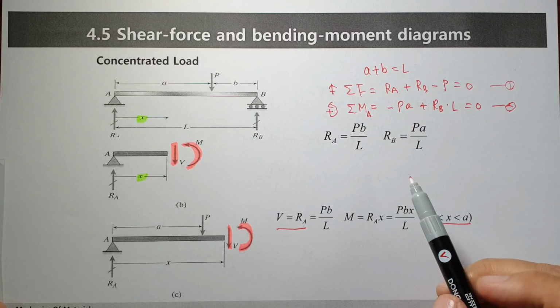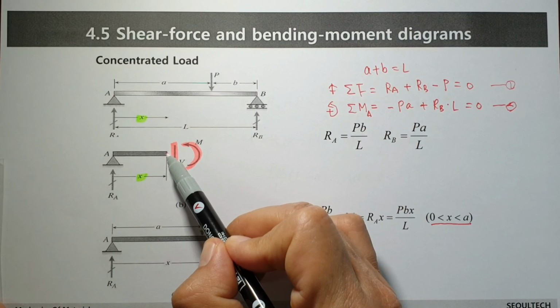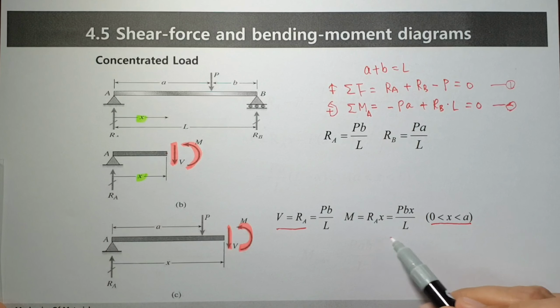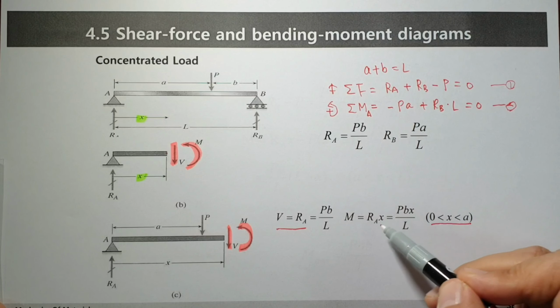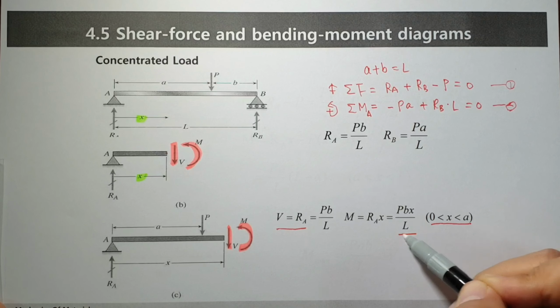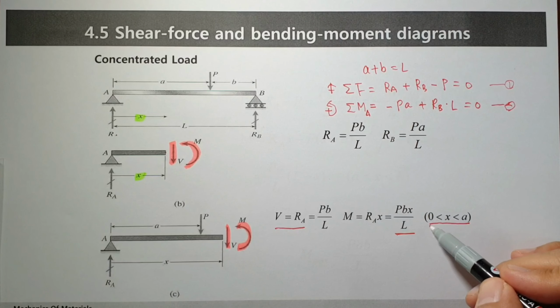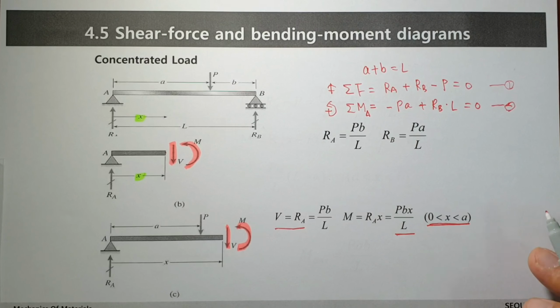And when you think about moment around this position, M equals RA times X. When you substitute the RA value here, you can find the M value like this.